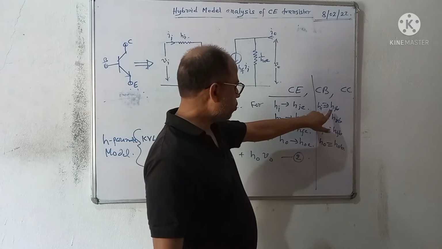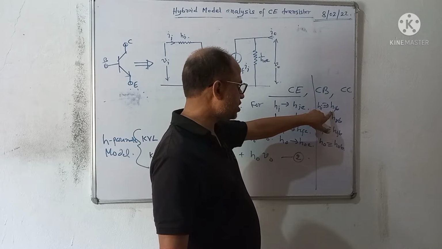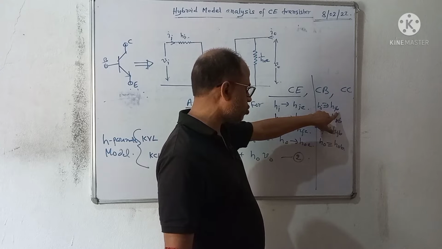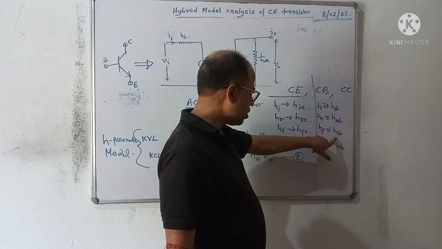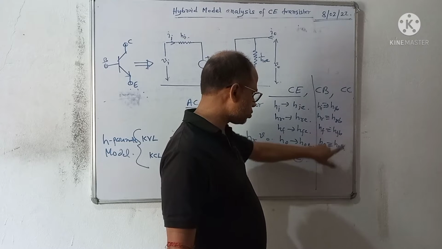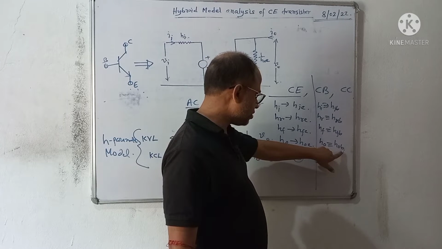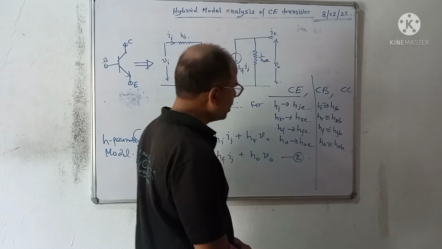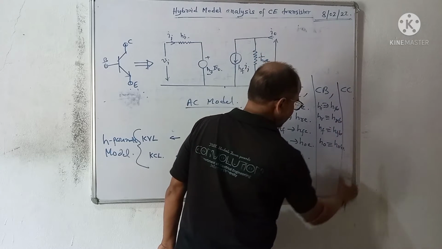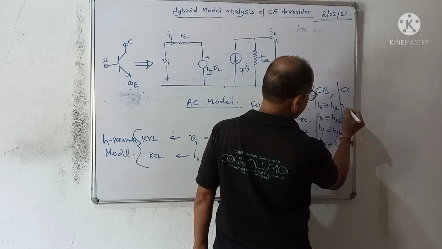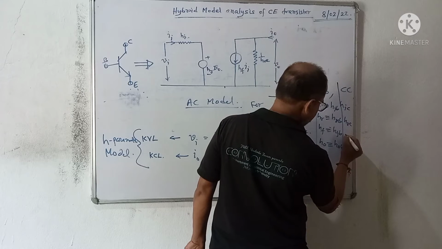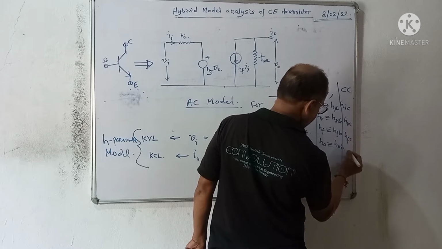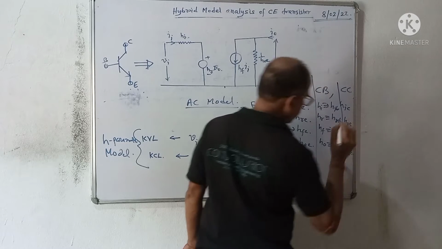Here, input resistance of the transistor with base common, reverse voltage gain with base common, forward current gain with base common, output admittance with base common. Similarly, for common collector, HIC, HRC, HFC and HOC.